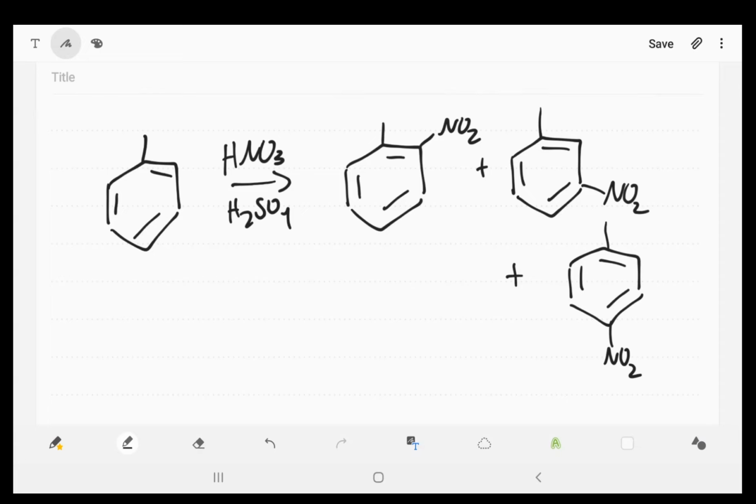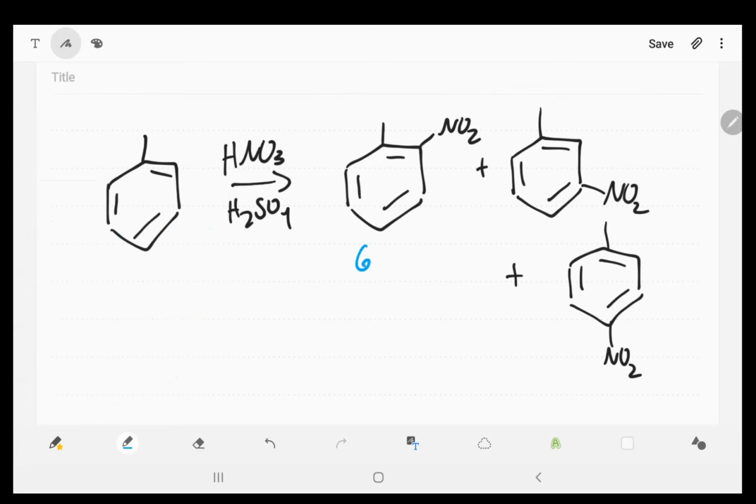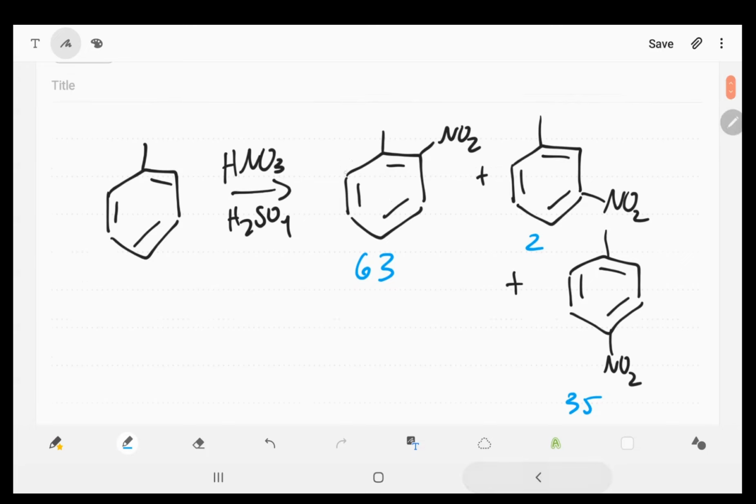So if we look at a distribution, we saw, I think, if I remember correctly, we had about 63 percent, and what is the rest going to be? 35 percent then? So that's the ratio we got, but remember that the ortho is kind of counted twice because there's 2 ortho positions, right? We could have put the nitro group on that side, right?